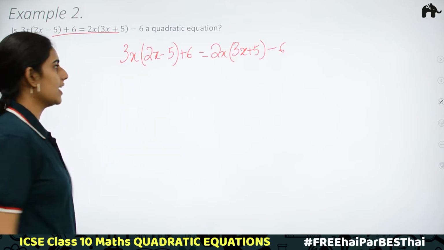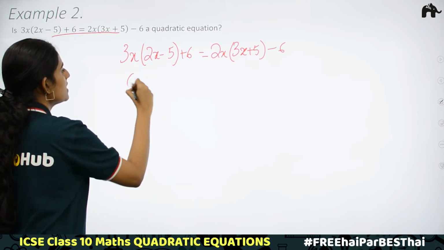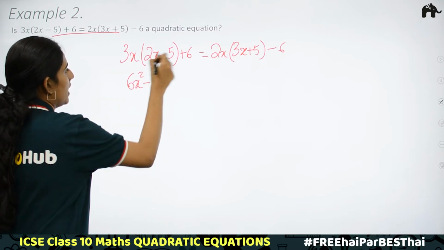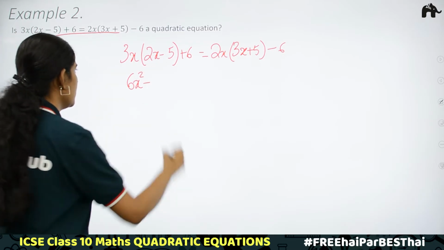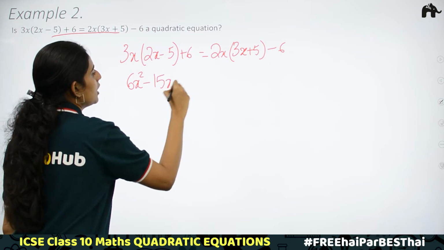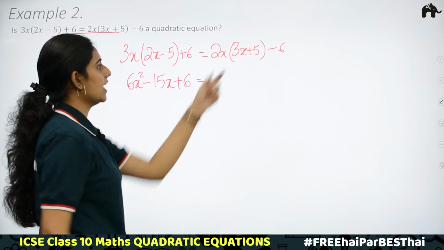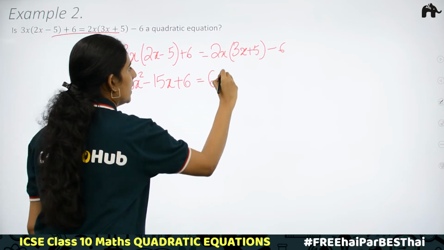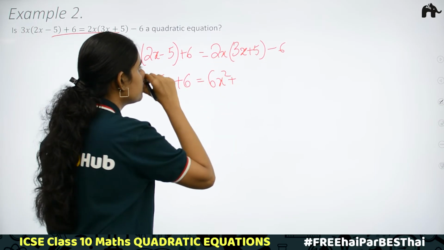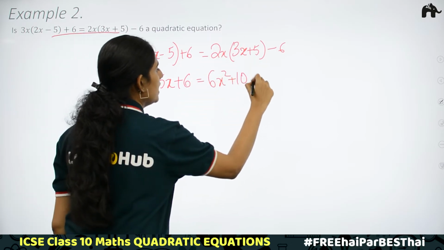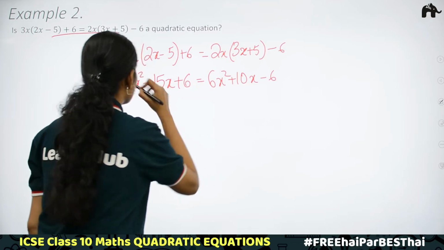Removing the brackets. 3x into 2x is 6x square. 3x into minus 5 is minus 15x. We have a plus 6 here, is equal to 2x into 3x, that is 6x square, plus 2x into 5, that is 10x, minus 6.